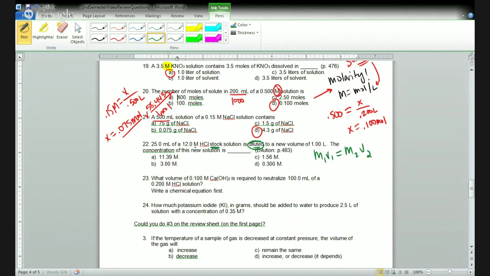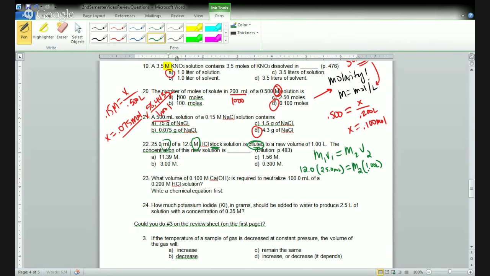So from this problem, I would go ahead and put my molarity, because big M means molarity. So I'd put 12.0 in for my M1. And I can keep it in milliliters this time, so I put 25.0 milliliters in for my V1. I'm going to solve for M2 because it's asking me for concentration. And my V2 is 1.00 liter. Now here's the tricky part.